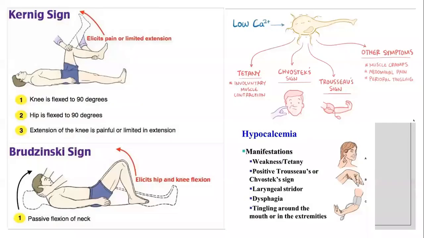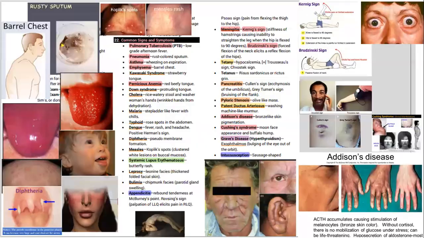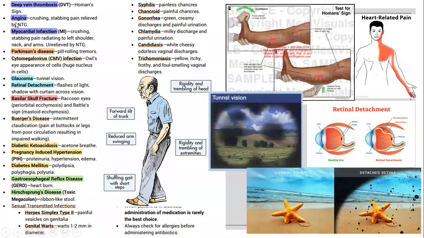Next, go. Angina. Patient complains of crushing or stabbing pain that is relieved by nitroglycerin. These are characteristic.